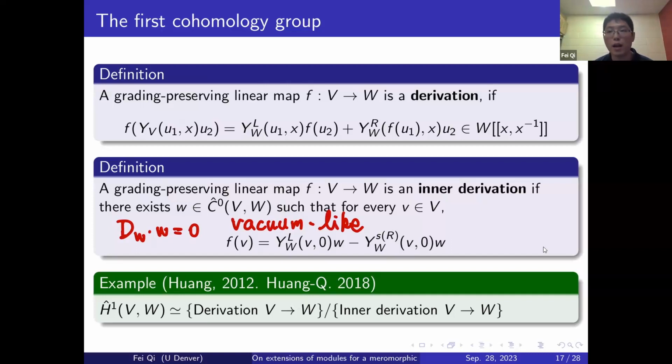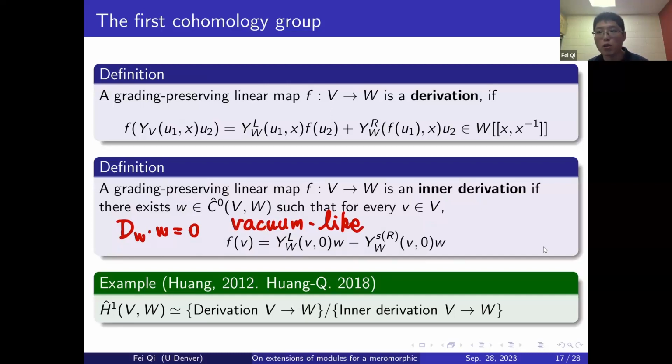This is a technicality that I couldn't talk too much about in detail. But basically, for these vacuum-like elements, the resulting two series are all power series without negative powers, so you can take the constant term. That's how the inner derivation is defined. I have to say that this is really a notion only for meromorphic open-string vertex algebras.